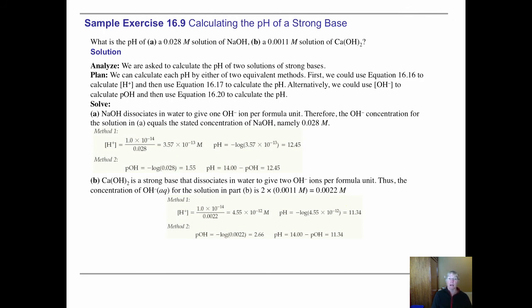I again would like the second method better, but let's take a look at the first. Take the ion product constant for water, divide it by the hydroxide ion, you'll get the hydrogen ion concentration, of which you can take the negative log, from which you can find the pH. My preference, though, is take the negative log of hydroxide and subtract that number from 14 to get pH.